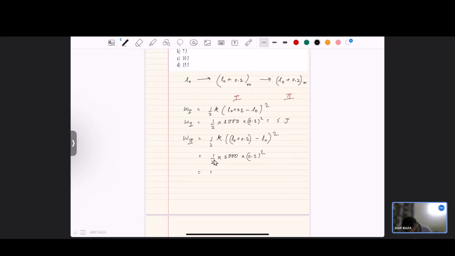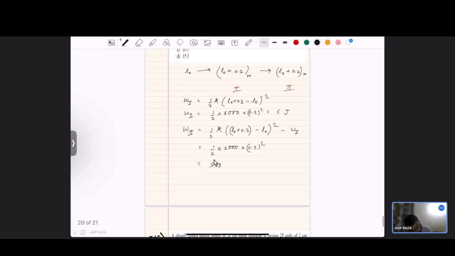So this would be 500 times 0.04, which is 20, minus W1, that is 5. So this is 20 minus 5, which will come out to be 15 joule.